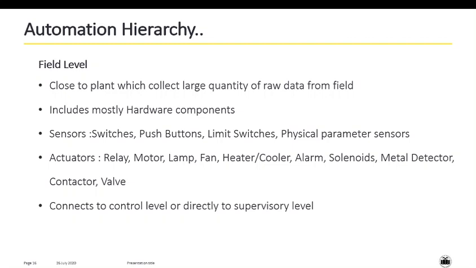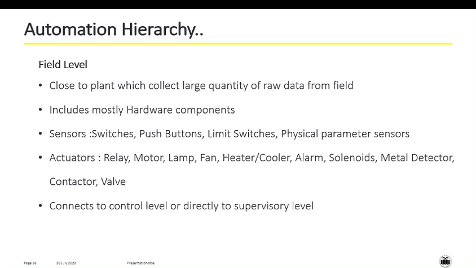In machines, for actuation, some relays are involved, used for isolation purposes. Some motors are there: lamp, fan, heater or cooler, alarms, solenoids, valves, metal detectors, contactors, and various kinds of pneumatic and hydraulic valves are involved.